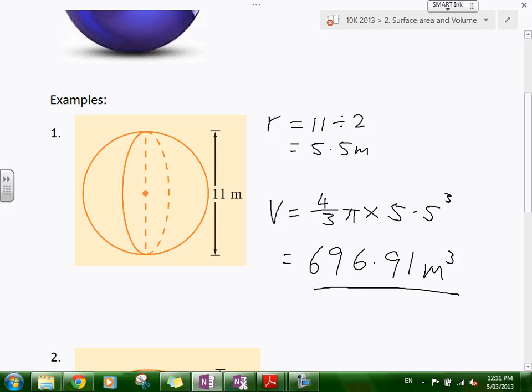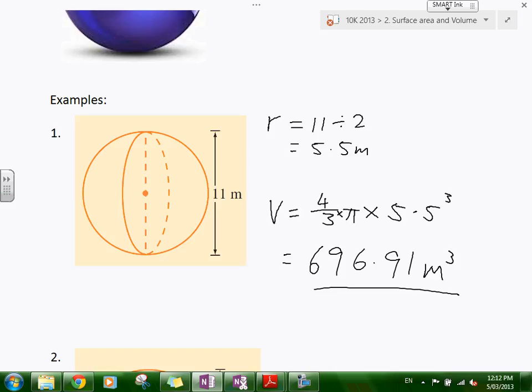Okay, so you're simply using the formula, substituting the radius in, making sure you have the correct radius, and putting it in. 4 over 3 times pi times 5.5. And that was a good example of, sometimes we type it in and there may be an error. And that's where estimates help.